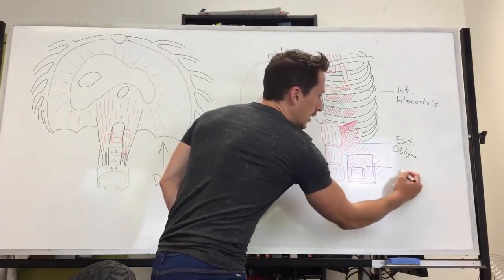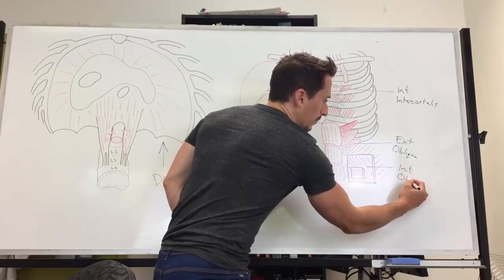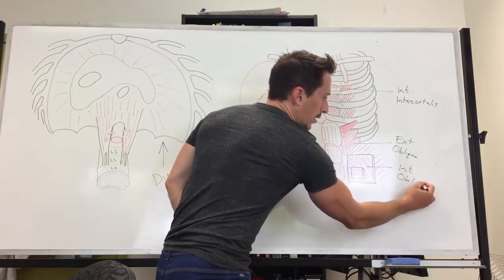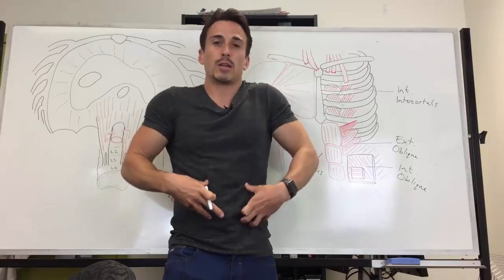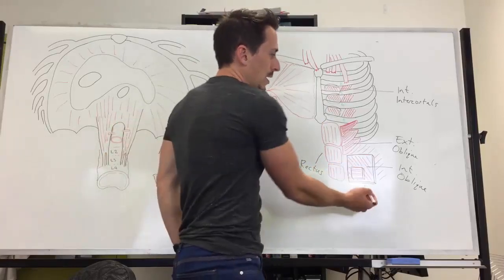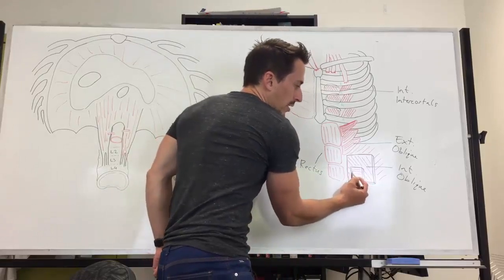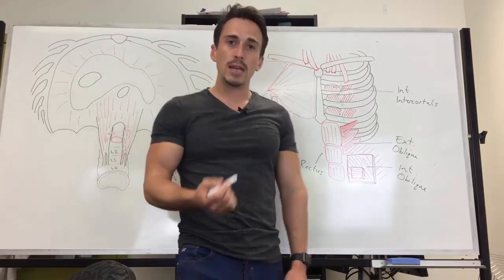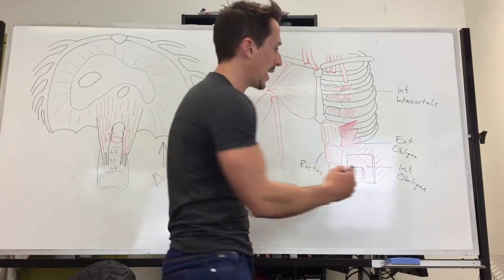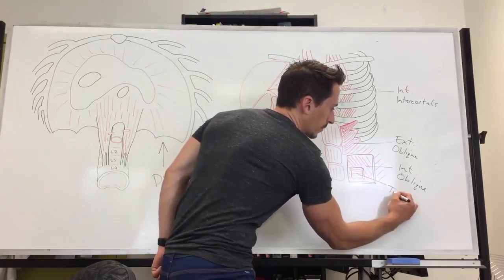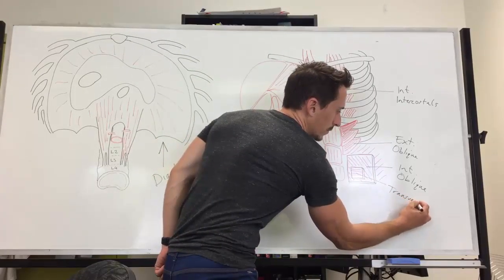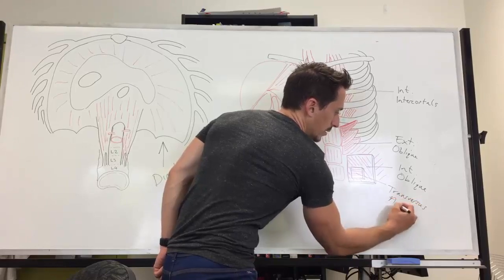You can see here the internal obliques are also involved in reducing thoracic size by compressing the abdomen. Even deeper to the external obliques is the transversus abdominis muscle, and again, when it contracts, it compresses the abdomen.